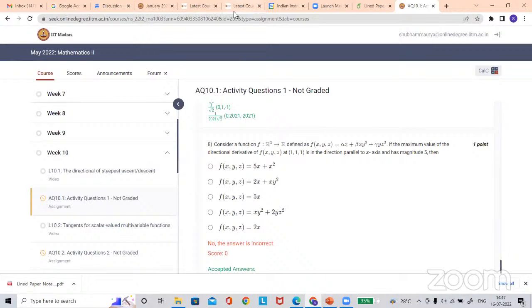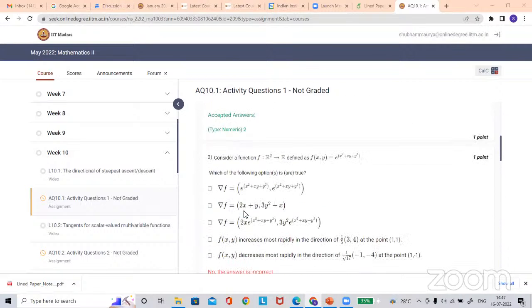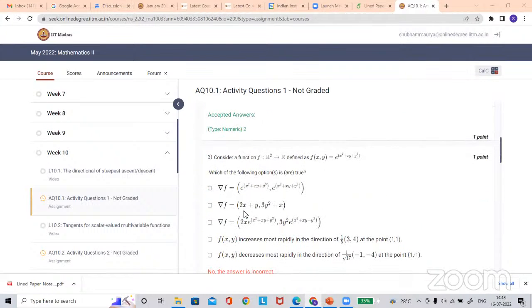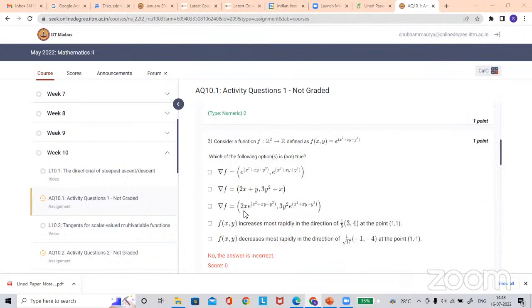Does anyone else have a doubt? Hello, sir. Could you go to question number 2, same activity? Not question number 3, sorry, sir. This one. So how to solve this?